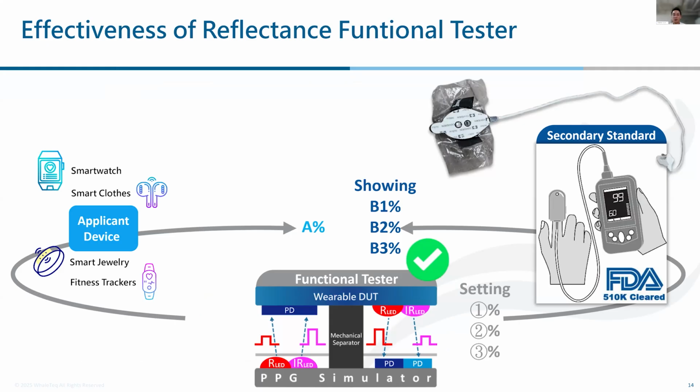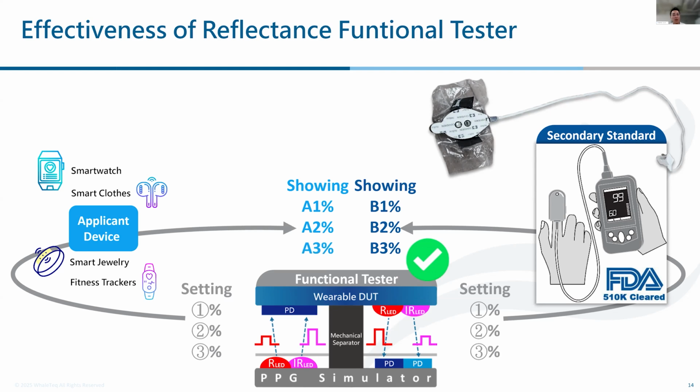So here we can move forward. Once this is okay, what's next? We can use this reflectance test interface to test the applicant device. I would set one parameter and see if the applicant device shows a good reading, then setting 2, reading 2, setting 3, reading 3.